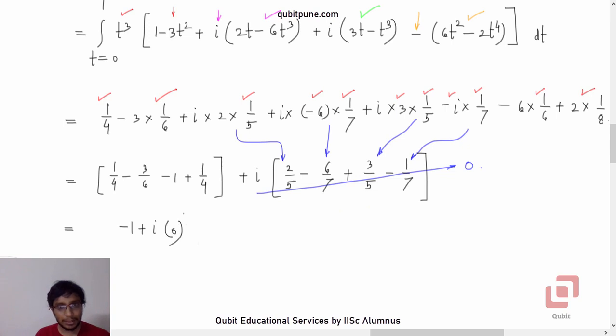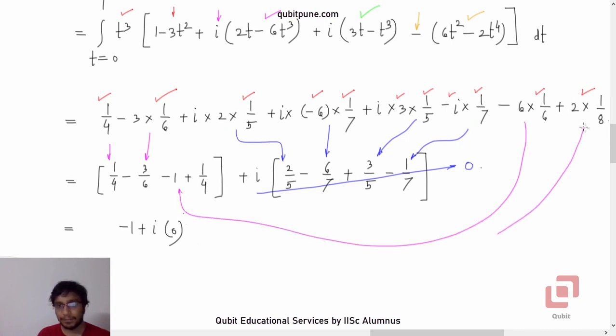Let's now go to the real part. Let me use pink color for this. 1 upon 4 minus 1 upon 2 minus 1 and plus 1 upon 4. 1 upon 4 plus 1 upon 4 is 1 upon 2, which will lead to the cancellation of minus 1 upon 2, right?